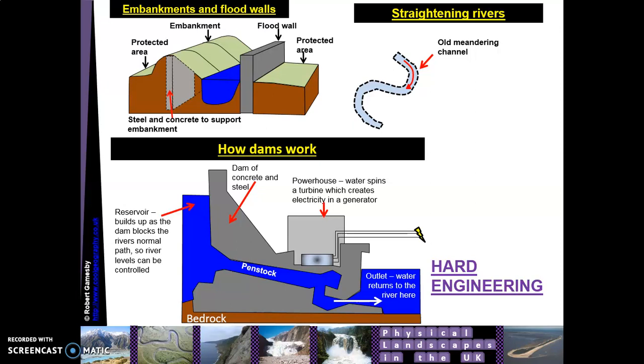But then it means that it's less likely to flood an area. So, for example, you've got a flood wall here, and then you've got an area that is protected because of that flood wall. You've got the embankment here, which looks like a levee, but it's not. It's basically an artificial levee that's been created normally with concrete or steel underneath to support it. Sometimes it's coated with rocks to prevent erosion.